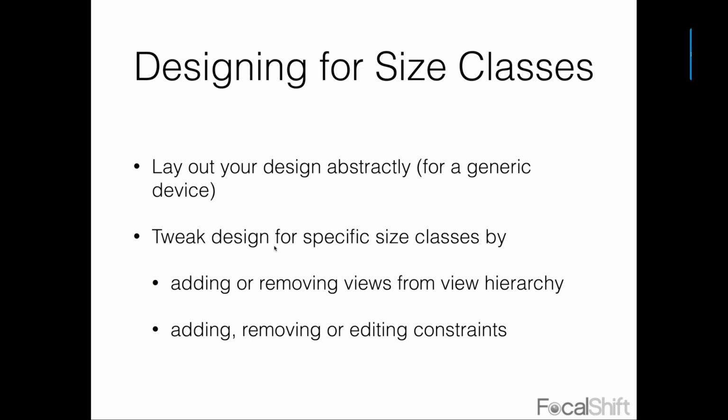And you'll go through this process of tweaking the design for each of the different sets of size classes that you're targeting with your application. And the kinds of things you can do when you target are you can either add or remove views from a view hierarchy, or you can add, remove, or edit the constraints that are part of your layout.